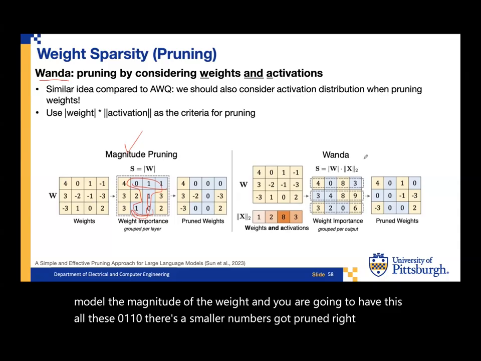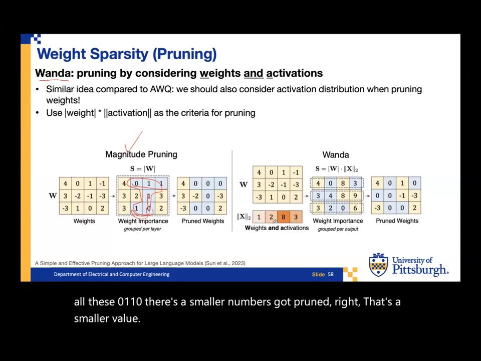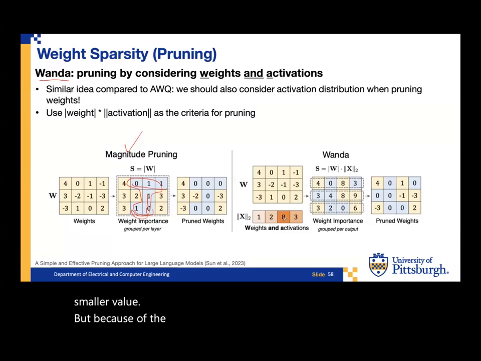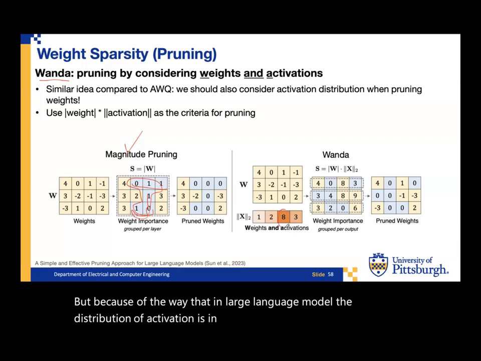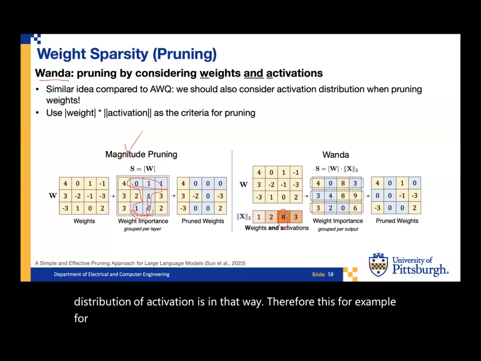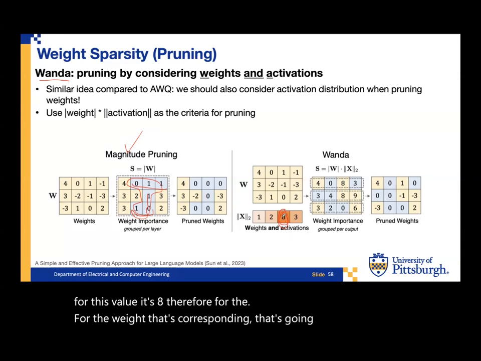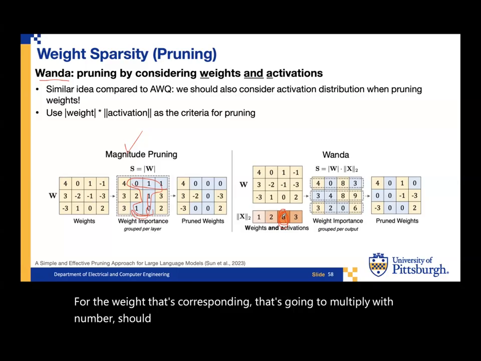That's a smaller value. But because of the way the activation is distributed in large language models, for example, this value is 8. Therefore the weight that's going to multiply with this number should not be pruned, right? So we shouldn't do that.